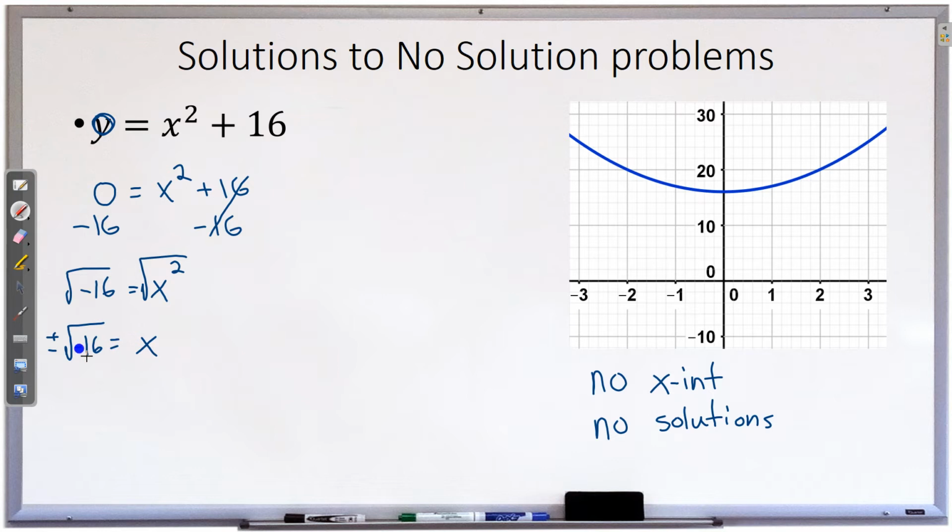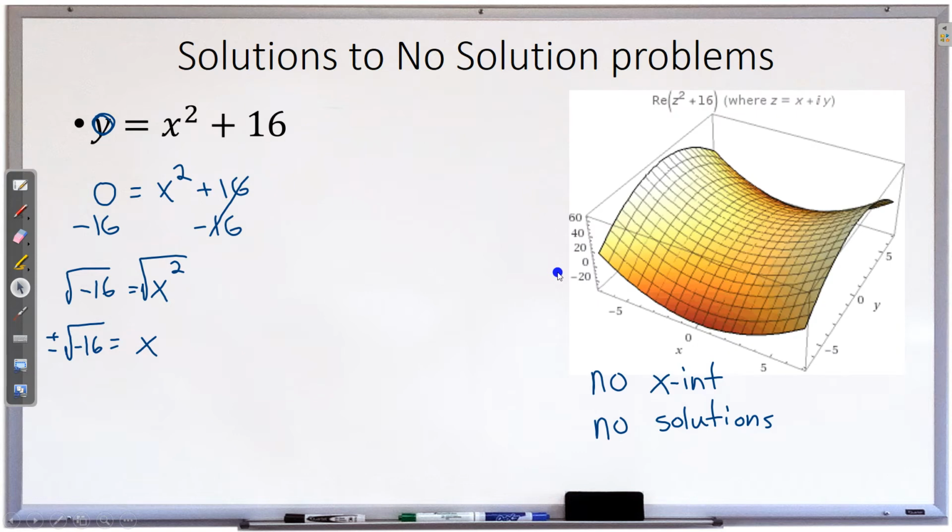We can't take the square root of a negative number, and so we would stop and we would say no solution. But just like the dinosaurs, math finds a way to get around this. And the way we do that is by thinking in 3 dimensions. So here's that same type of parabola graphed, but this time in 3 dimensions.